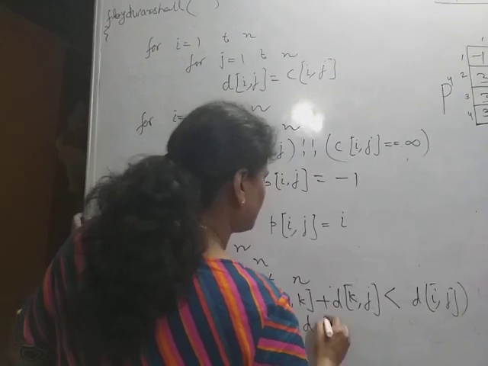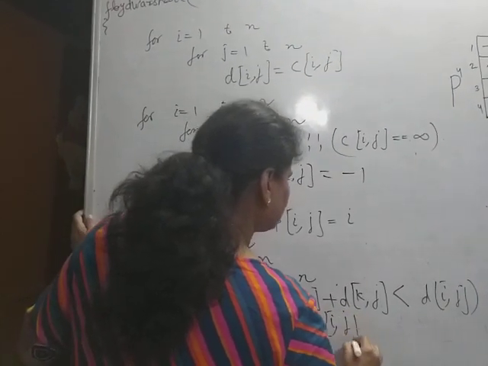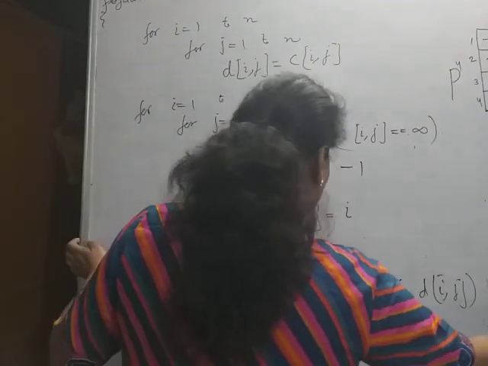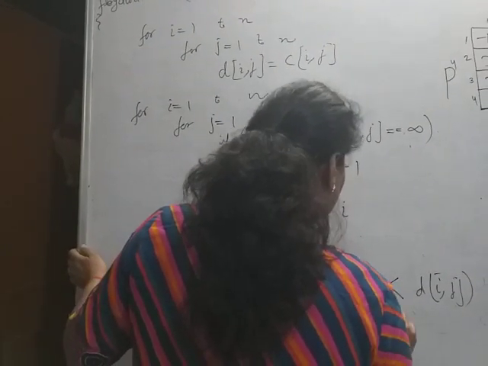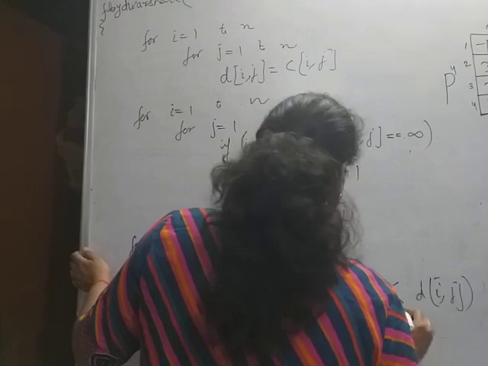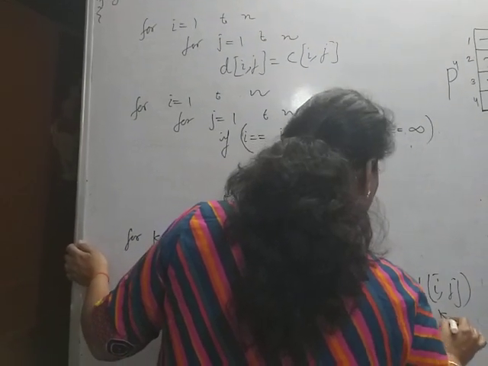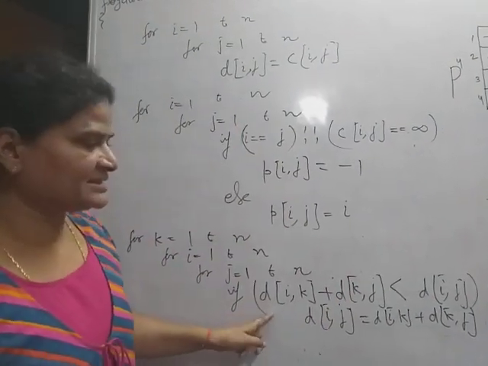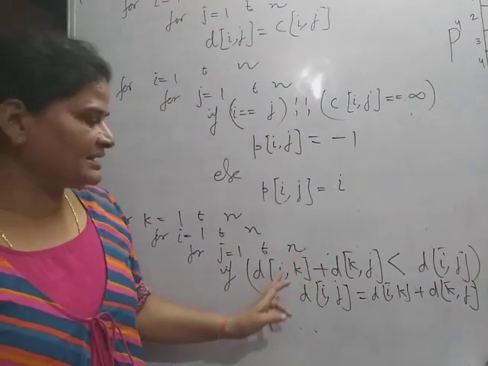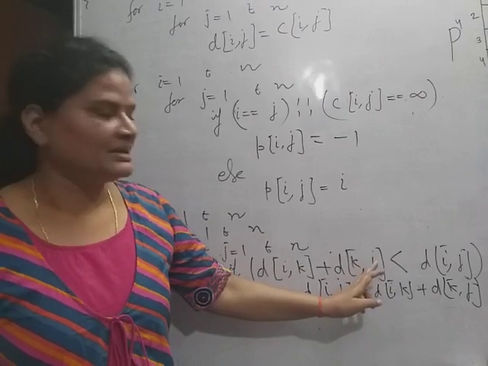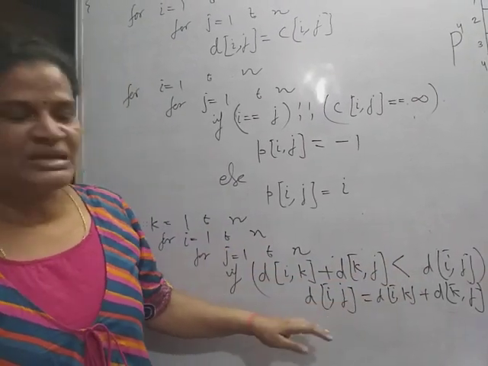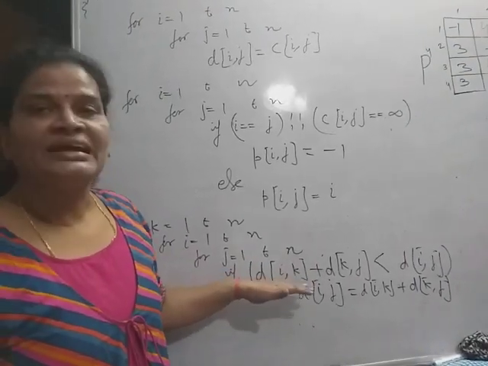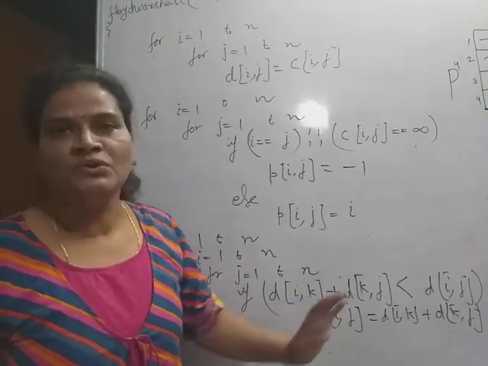So Dij will become the new entry, otherwise Dij is the same. So Dij equal to Dik plus Dkj. This condition is telling us that if Dik plus Dkj is less than Dij, it means that k is an intermediate vertex in the path from i to j.